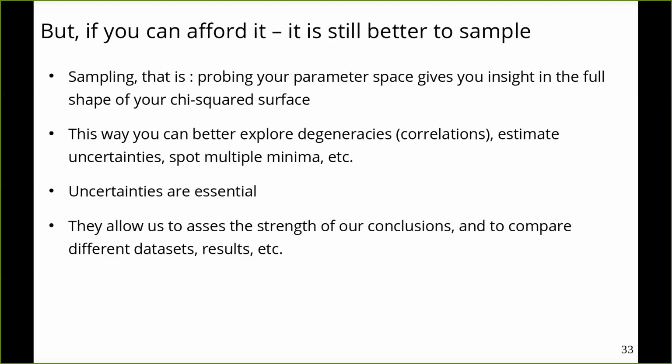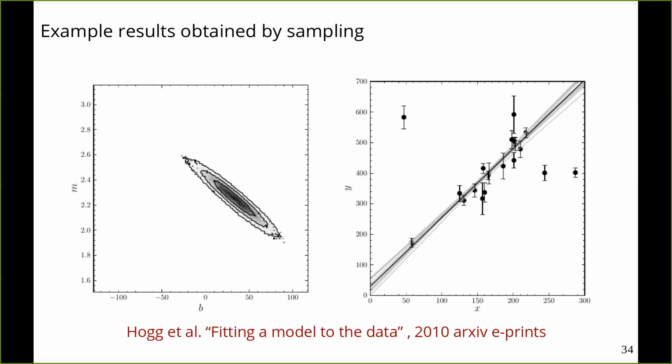If you do sampling using one of these methods, you're going to end up with some plots looking like this. On the left-hand side, we see a probability density plot in the space of two parameters, intercept and slope. And here, not only do we see which values of intercept and slope are more probable and less probable, we also see which combinations of these parameters are more probable and less probable.